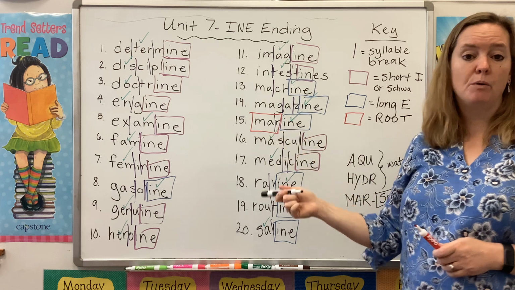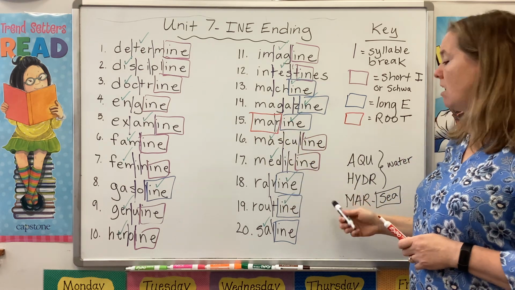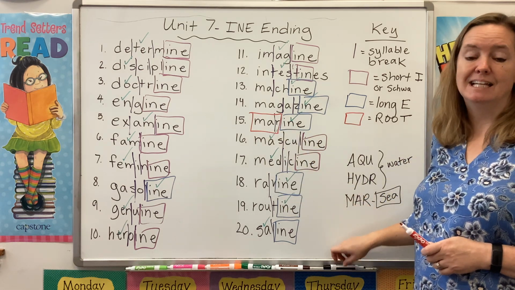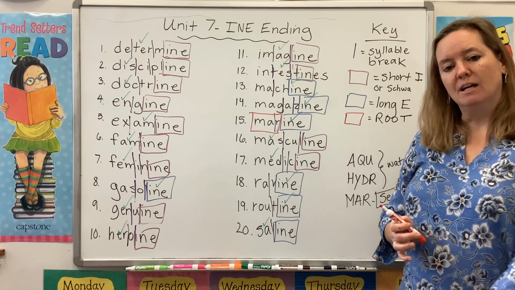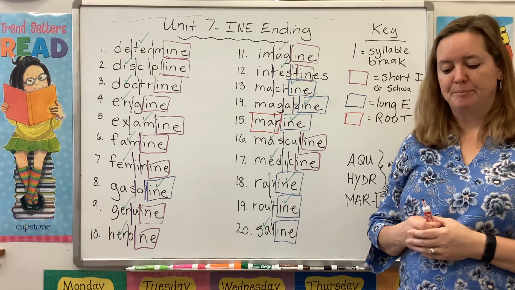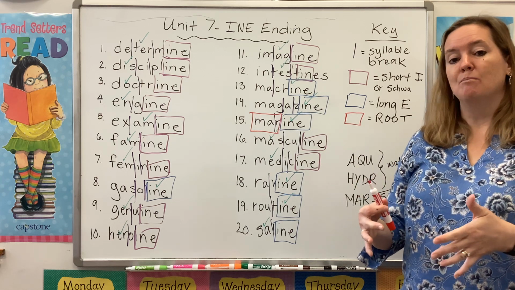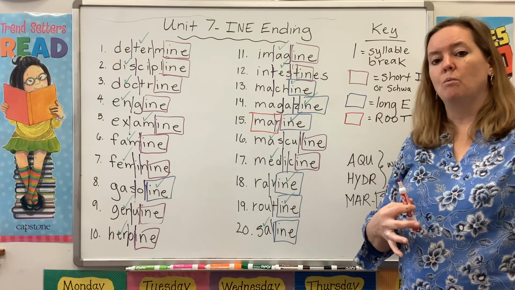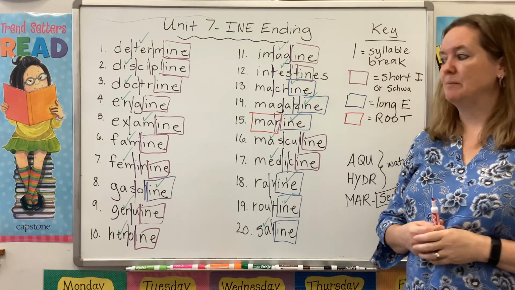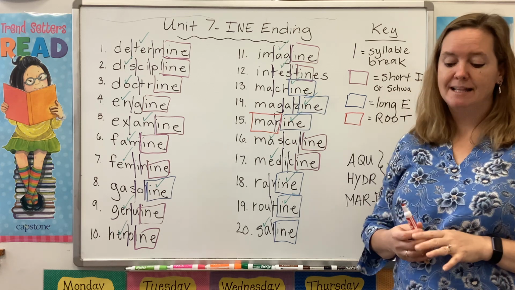The root we're focusing on this week is MAR, which means sea. Think of a submarine. It goes under the sea, okay? A marina is a place where we dock our boats to keep them safe away from the open sea. So just notice that this week.